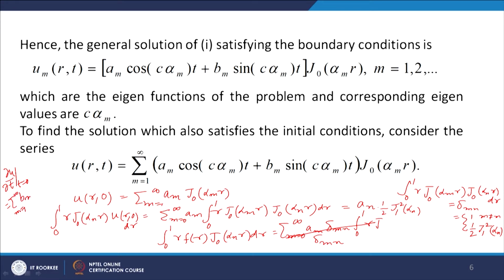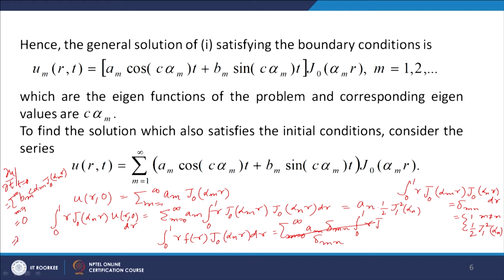B m cos c alpha m t into c alpha m. So cos c alpha m t will become 1. So B m c alpha m j naught alpha m r, and delta u by delta t is equal to 0 because we start with the membrane vibrating from rest.